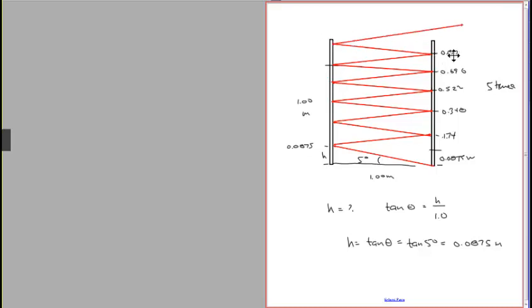And that's good because 0.87 plus 0.0875 is still less than 1, so we'll go in there. So you can figure it out just from 1, 2, 3, 4, 5, 6. So it's 6 times off the left-hand side. So we could just do it from drawing it to figure it out. So that's the answer.